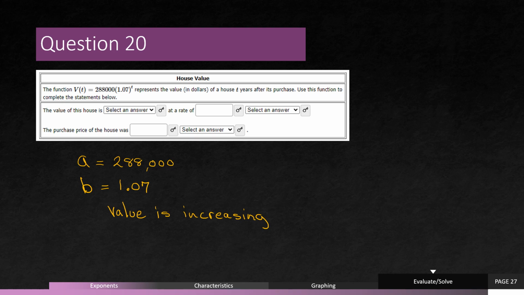And that rate that it is increasing is at 7%. So the value of the house is increasing at a rate of 7%. The purchase price of the house is that initial $288,000.